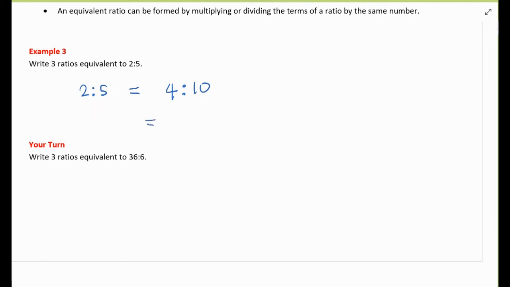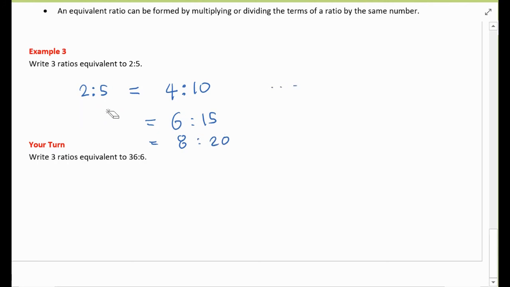Or if you multiply both numbers by 3, what do you get? 6 to 15. If you multiply the numbers by 4, what do you get? 8 to 20.